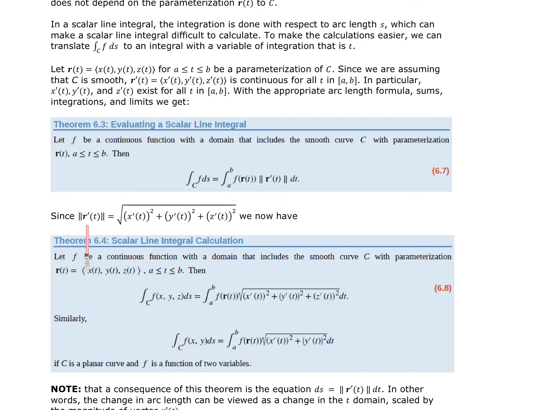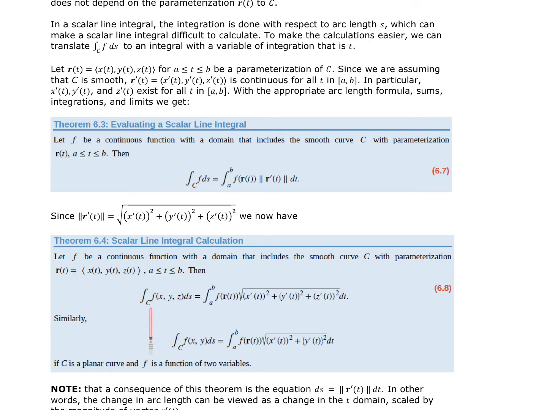But since we know that the magnitude of r prime of t is just going to be the square root of x prime of t squared plus y prime of t squared plus z prime of t squared, we can now do this replacement. So we can say, let f be a continuous function with a domain that includes the smooth curve C with the parameterization of r of t.